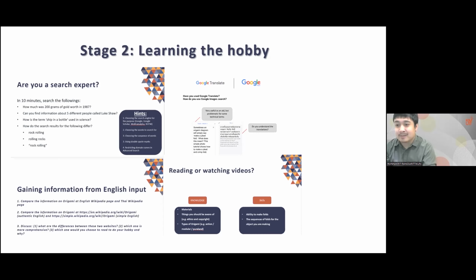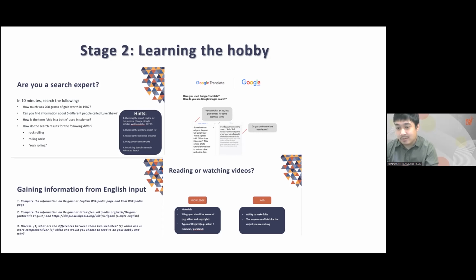And we also let them compare, deciding which one to read and which one to watch videos for, in which situations you should read and in which situations you should watch videos. So this is our guideline. Origami was used as an example.